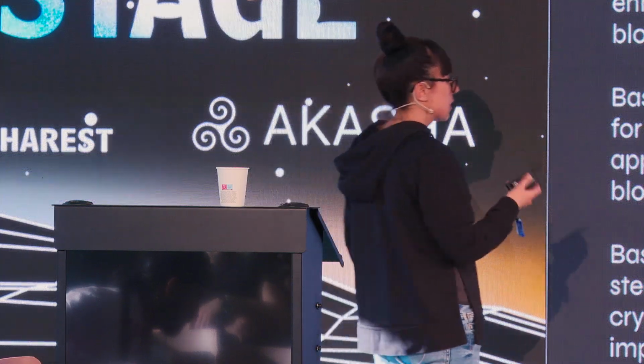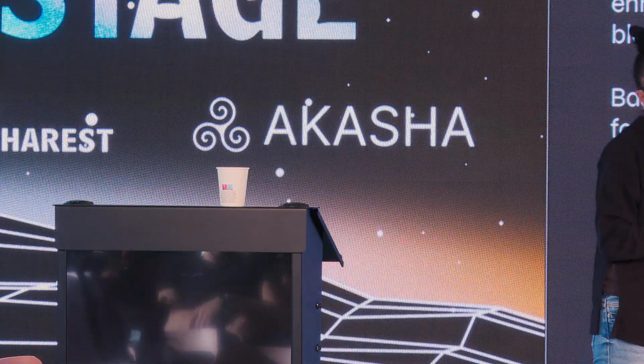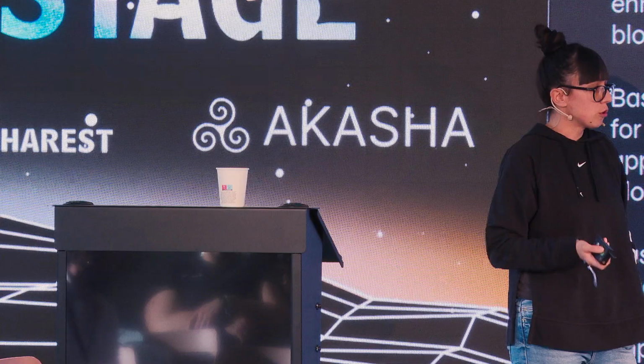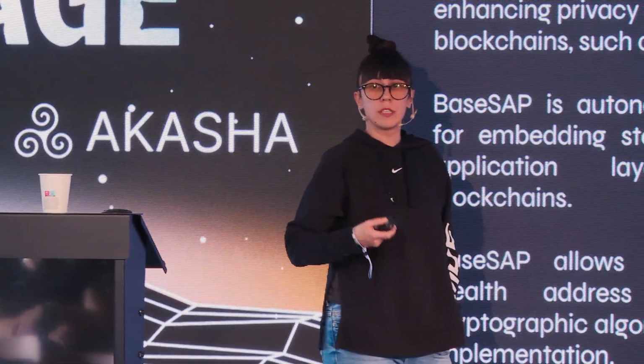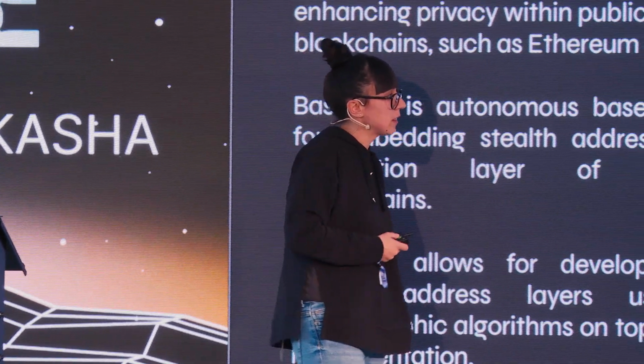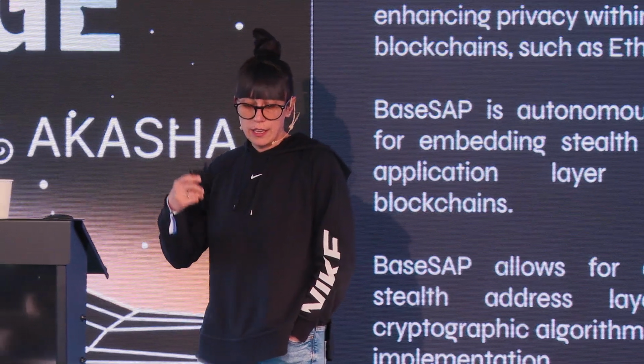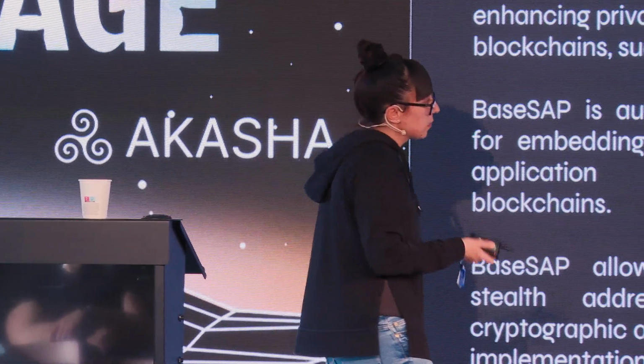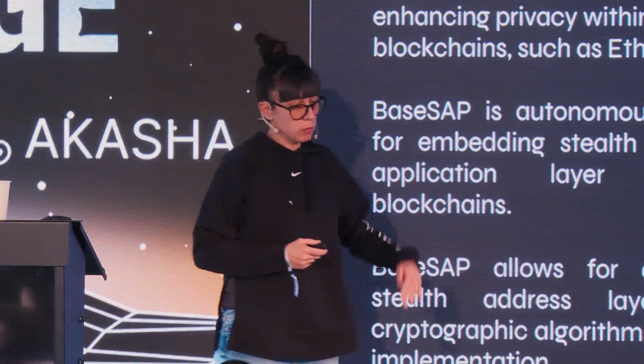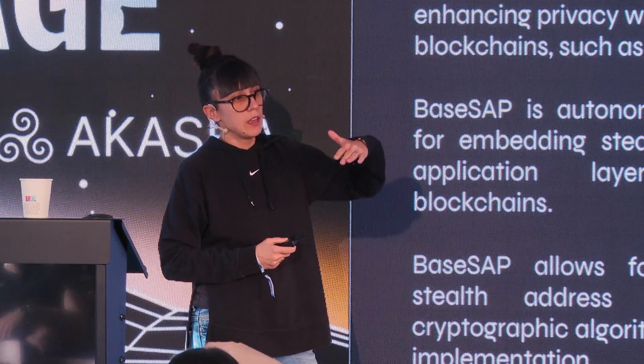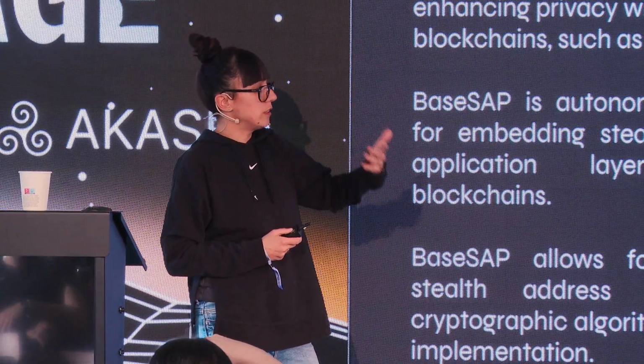So, what was our motivation to do this? Well, firstly, there was one blog that Vitalik wrote, and after that, there was a paper, Base Up, that was written by Bob, Tony, and others. And in their paper, they want to add one more layer of privacy to have private transactions on Ethereum.